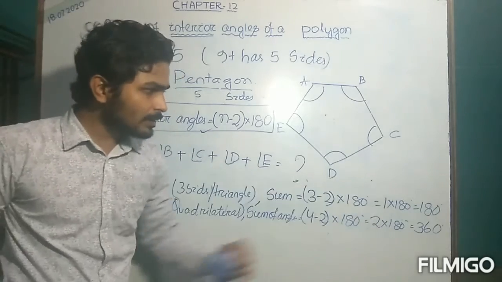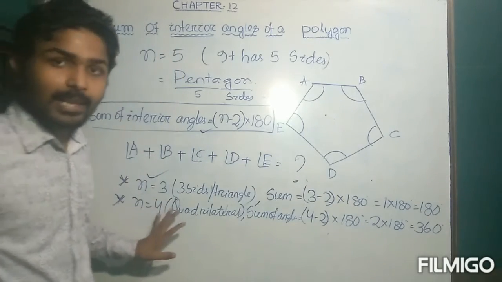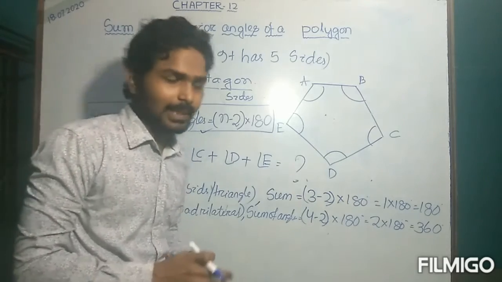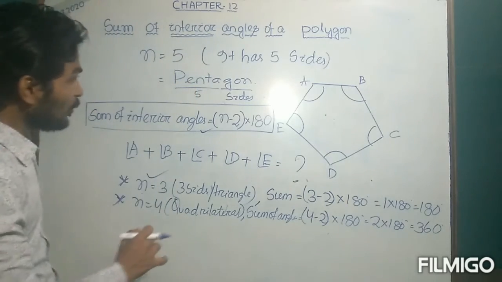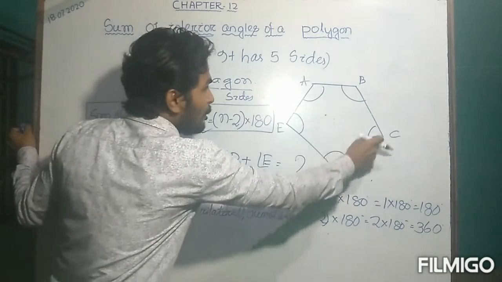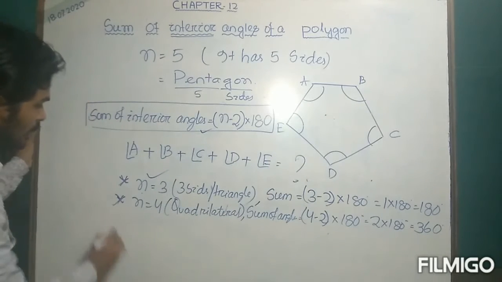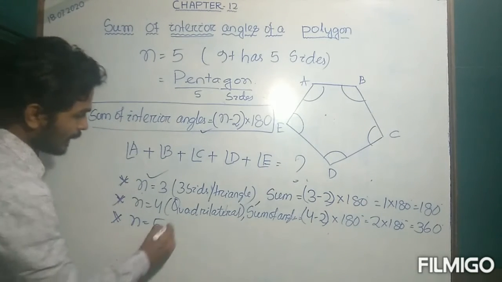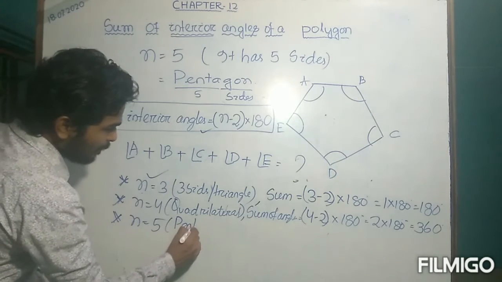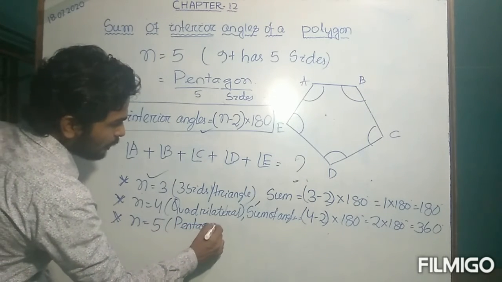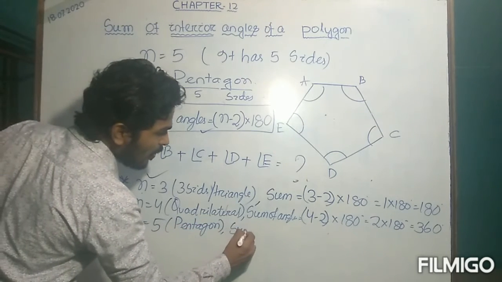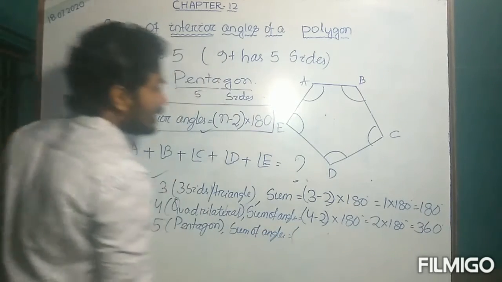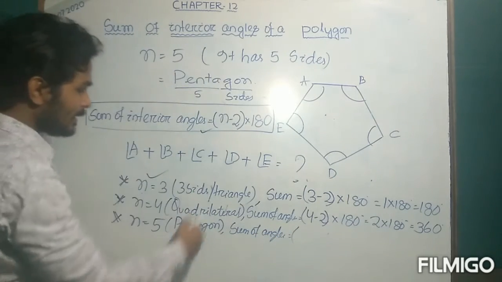You can see the sum of the angles of a quadrilateral is 360 degrees by using this formula, (n minus 2) into 180 degrees. But now we will find the sum of the angles of a pentagon having 5 sides. If n is equal to 5, that means a pentagon. So for a pentagon, the sum of angles is similarly (n minus 2), n is 5.